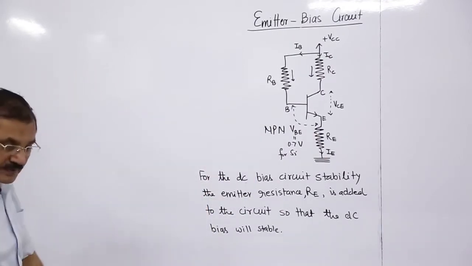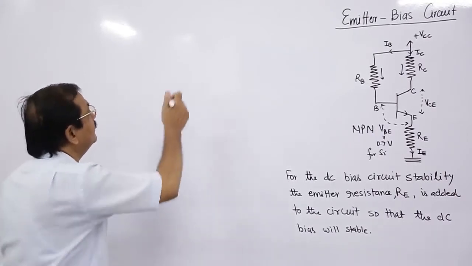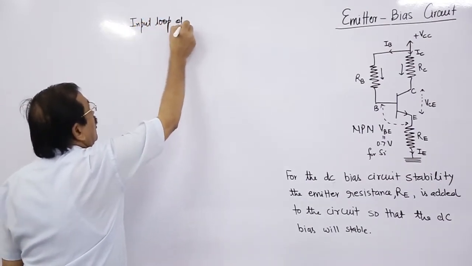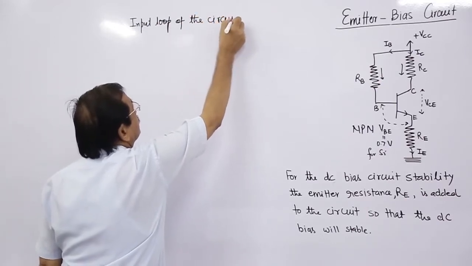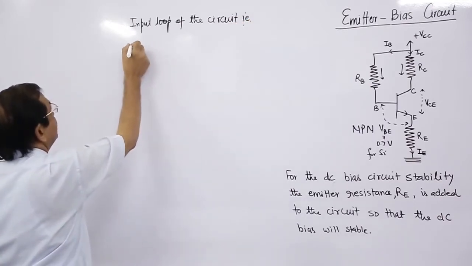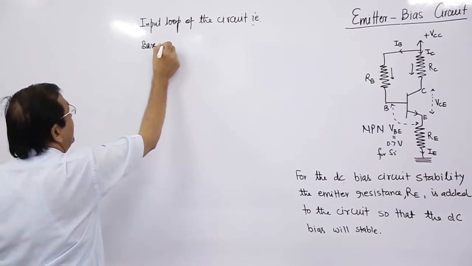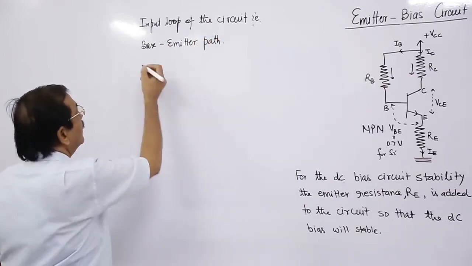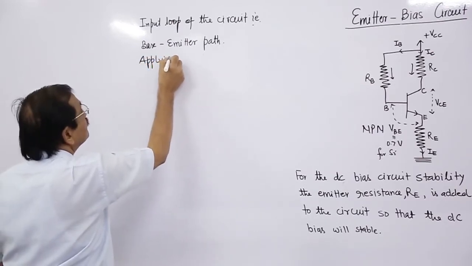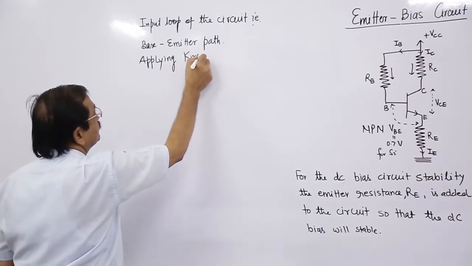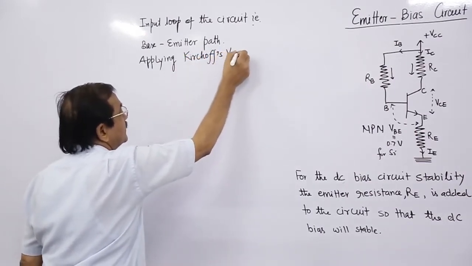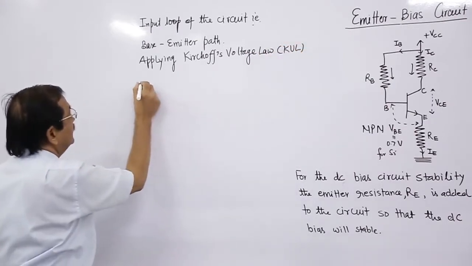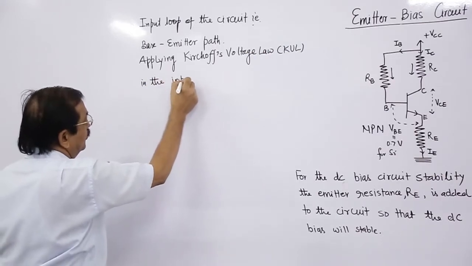So, first consider the input loop of the circuit, that is the base-emitter path, applying Kirchhoff's voltage law, that is KVL, in the input loop.